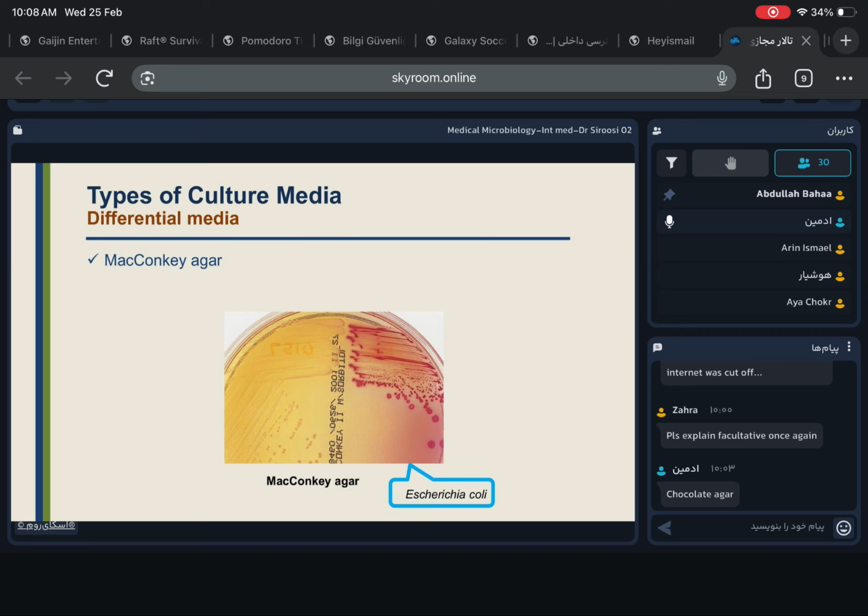MacConkey agar contains lactose, which is a type of sugar. Some bacteria are able to use lactose in their metabolism, some bacteria don't use it in their metabolism. If the bacterium is able to use lactose in its metabolism, it produces acid, and the acid decreases, it drops the pH of the culture medium.